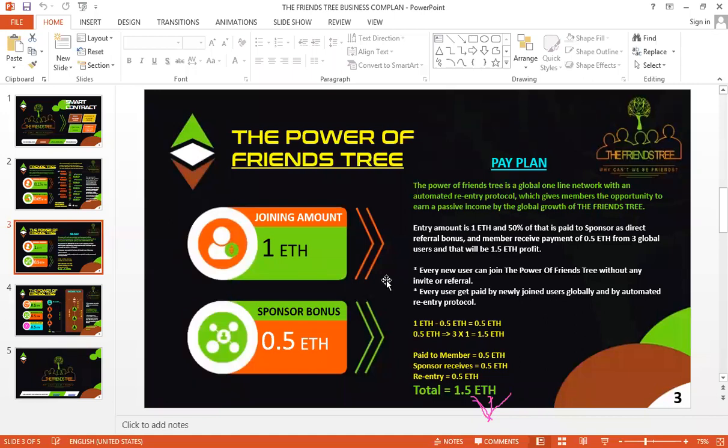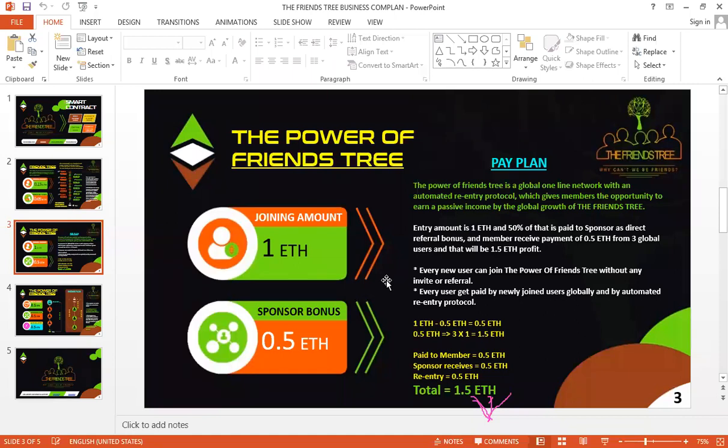The automated reentry protocol also does its job by getting people to come back into the program once they cycle out, to contribute to the cause, because someone contributed to you to earn your cycle out. So you also come back to do the same thing, and everything is done automatically.